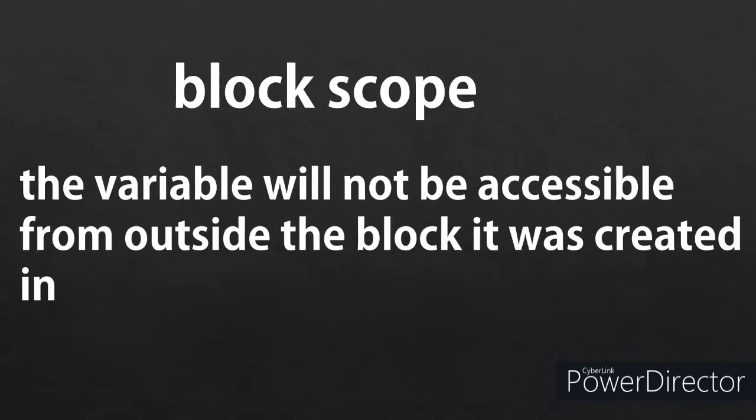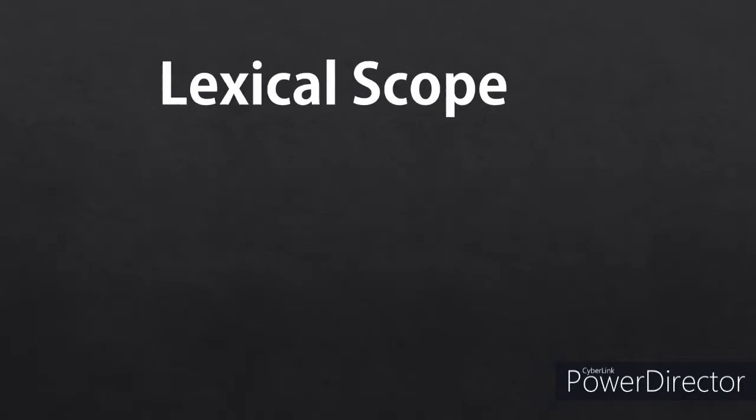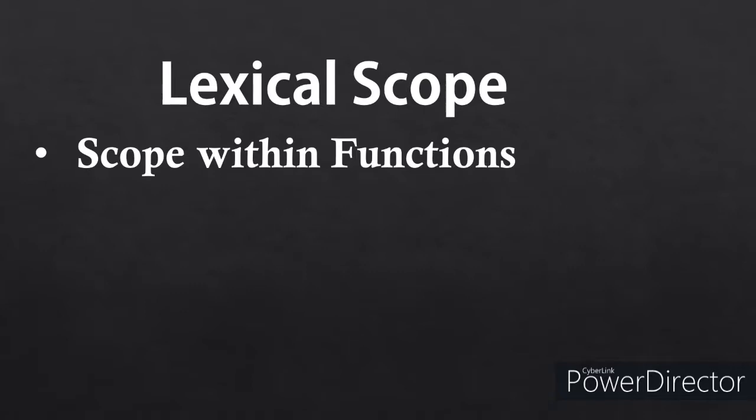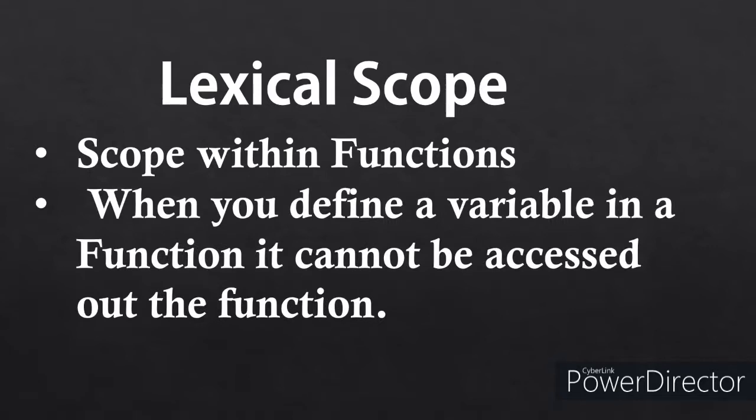Block scope variable will not be accessible from outside the block it was created in. Lexical scope is the scope within functions. When you define a variable in a function, it cannot be accessed outside the function.